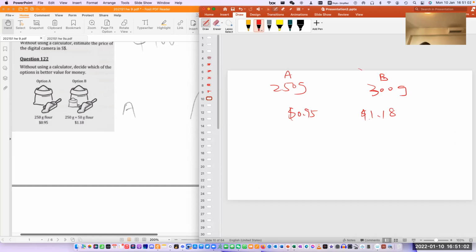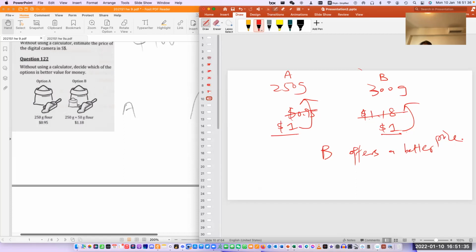If you round this to $1, then you will see that for this $1 you can buy 300 grams, and for this $1 you can buy 250 grams. So it seems to me, if I use this estimation approach, B offers a better price.